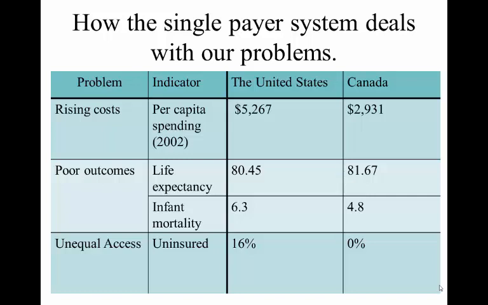The Canadians pay about half that. As far as our outcomes go, we saw from the previous slide, and these numbers are just being repeated here, that the Canadian outcomes are significantly better. And finally, because this is a universal insurance program, while we have 16% uninsured, they have 0.